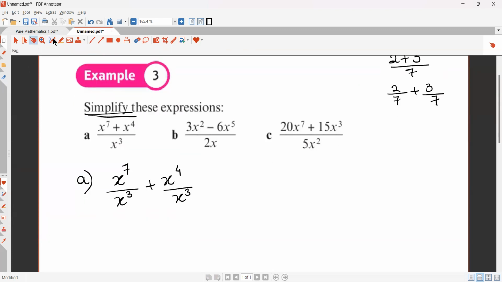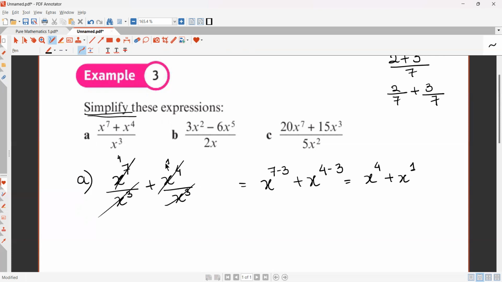So now here again two ways you can do this. Either you write it in the normal way: 7 minus 3, 4 minus 3, so x raised to 4 plus x raised to 1. Or you can just cancel them out. This is 3. How much is left here? Write a small 4 here. Cancel them out. How much is it? 1.